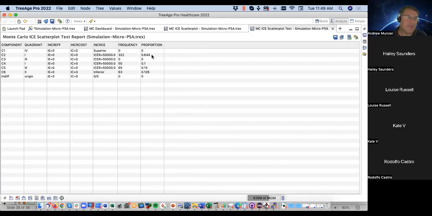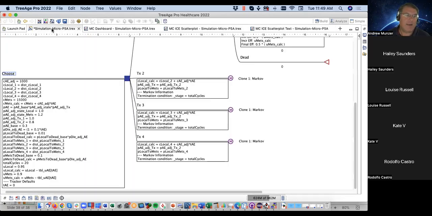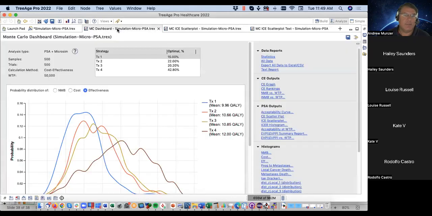And then this ICE report will give us the actual percentages, which is 64% of the calculations under the conditions of uncertainty preferred treatment 4 over treatment 3, which is pretty good, but it's not overwhelming. So this would be a model where we'd have some questions about whether our conclusion that treatment 4 is best is solid.